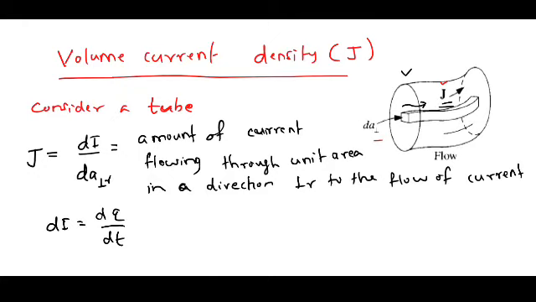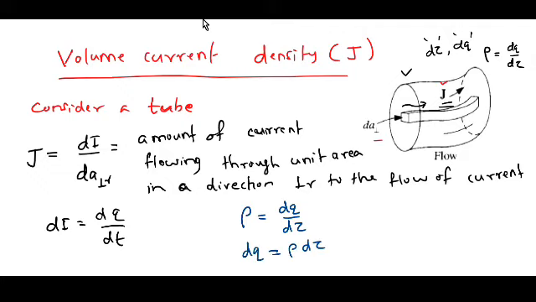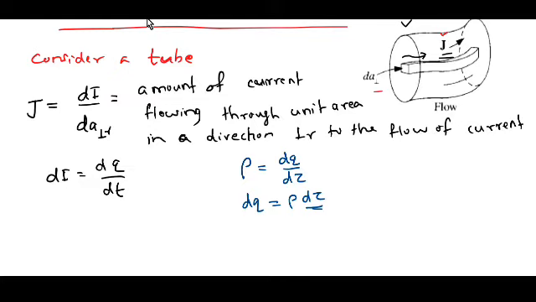This tube has a certain volume V. Let d tau be a small volume element in this tube, and it contains a charge dq. Then the charge density can be written as rho is equal to dq by d tau, or dq is equal to rho d tau.